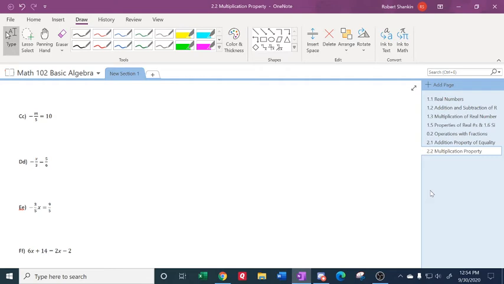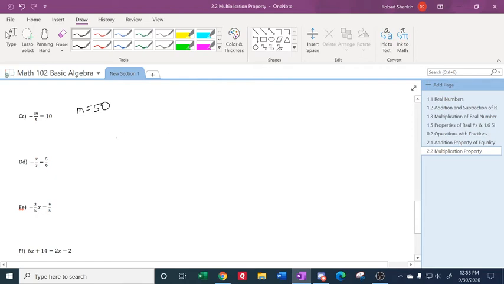Let me ask group 2, what did you come up with on this one? Hello, this is Amalia. 50? 50? Okay. And how did you do it? What was your process? We didn't write it down.